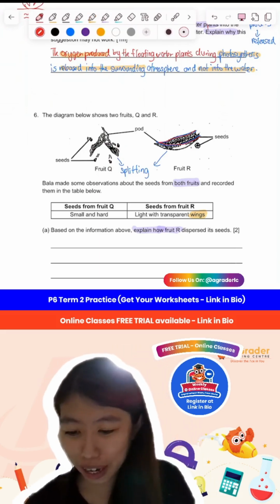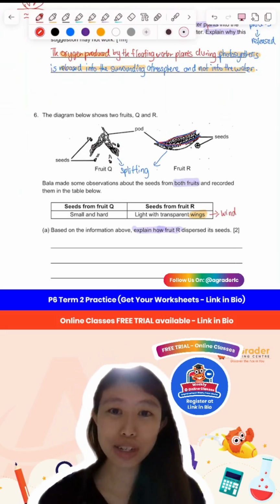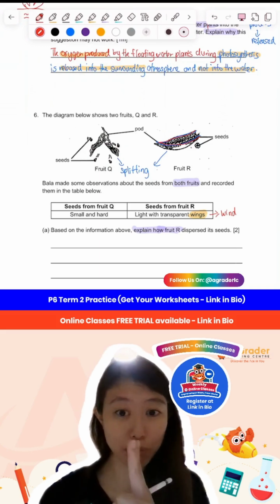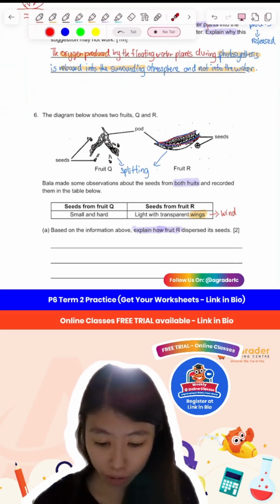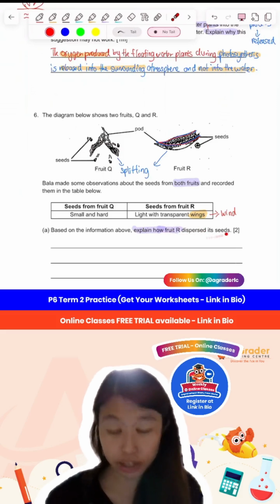That means it's by wind dispersal as well. So fruit R can be dispersed with two methods. Based on the information above, explain how fruit R disperses seeds.